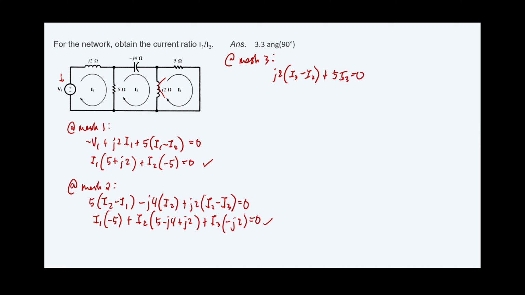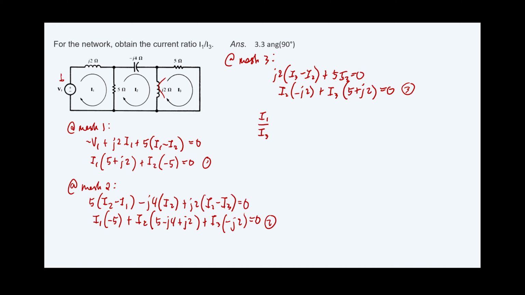There's no I1, so this is I2 times negative j2, and then plus I3 times (5 plus j2). So you have three equations, which I can label 1, 2, 3. And our goal is to find I1 and I3, or I1 over I3.